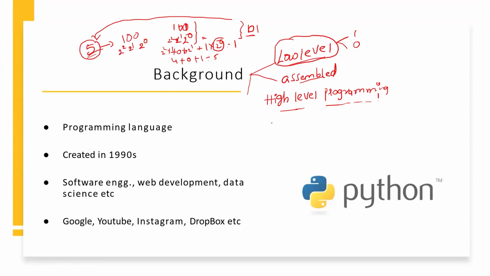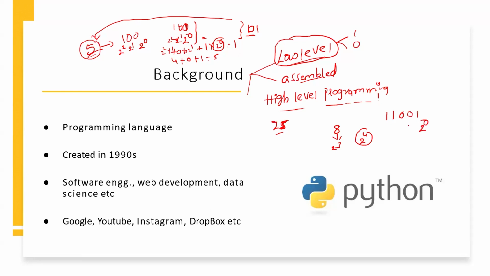Suppose I want to write the number, let's say, 25. Can you tell me what is the binary format for this? 25? 2 cube is 8. 2 to the power of 4 is 16. So 1, 1, 0, 0, 1.